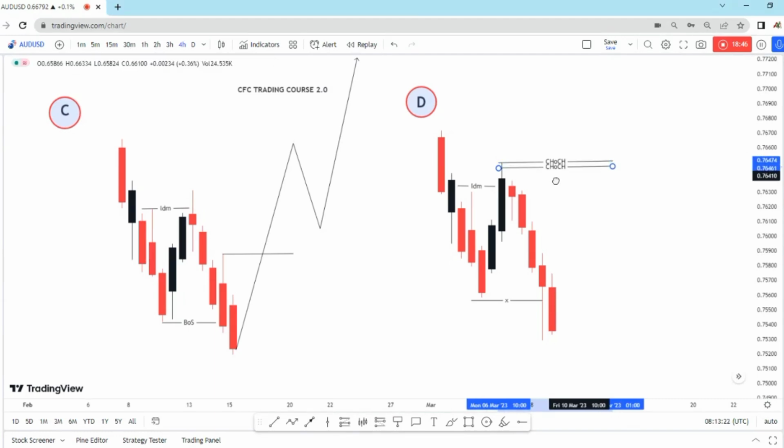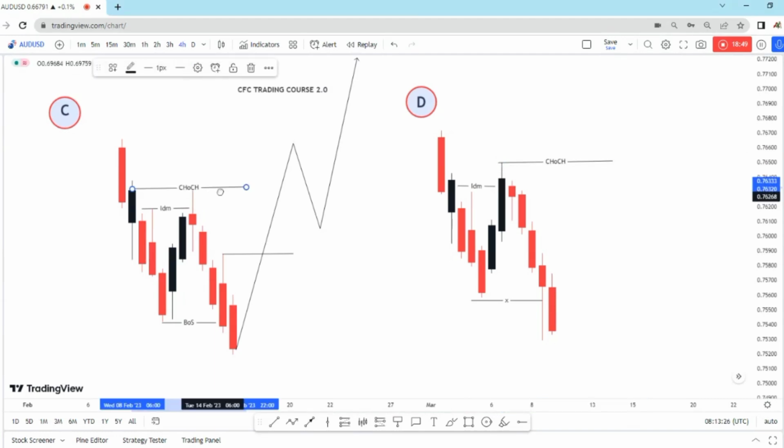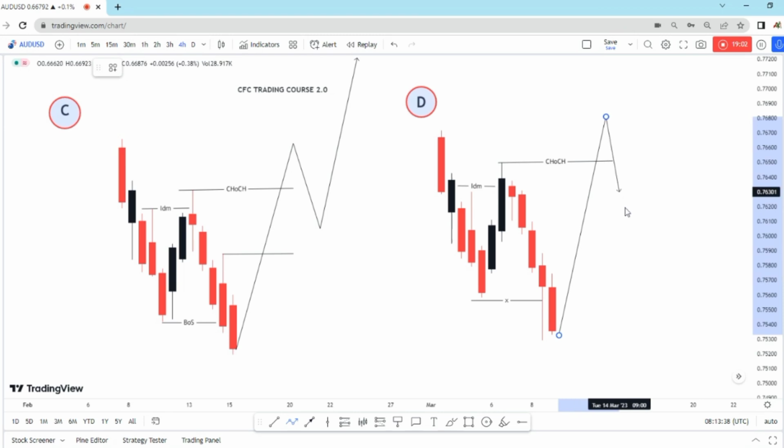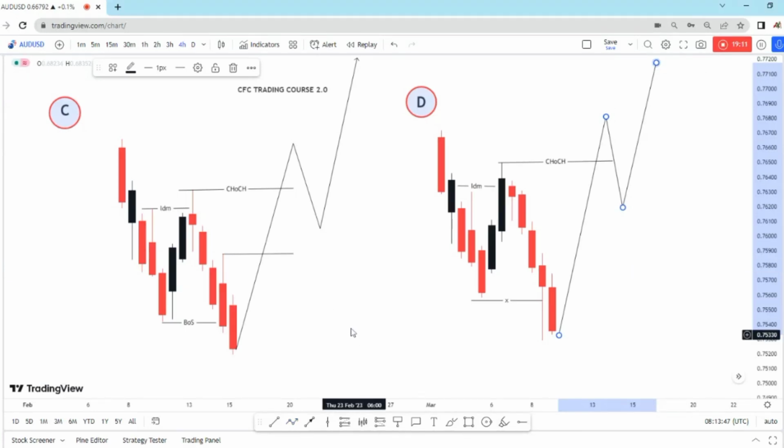If price breaks here, then we see a change of character being formed. So this is how you can identify a change of character in an uptrend or in a downtrend.